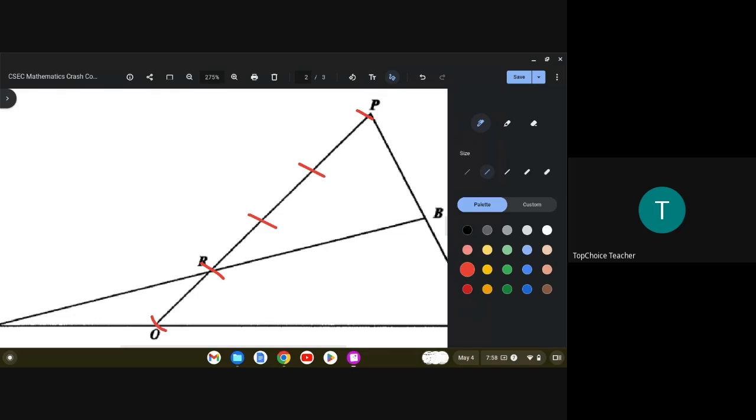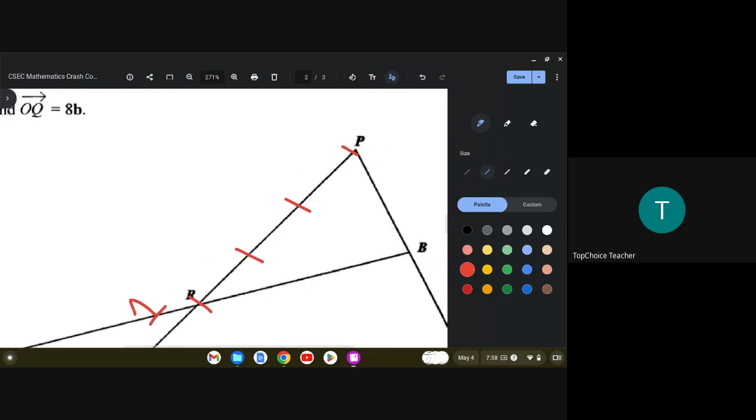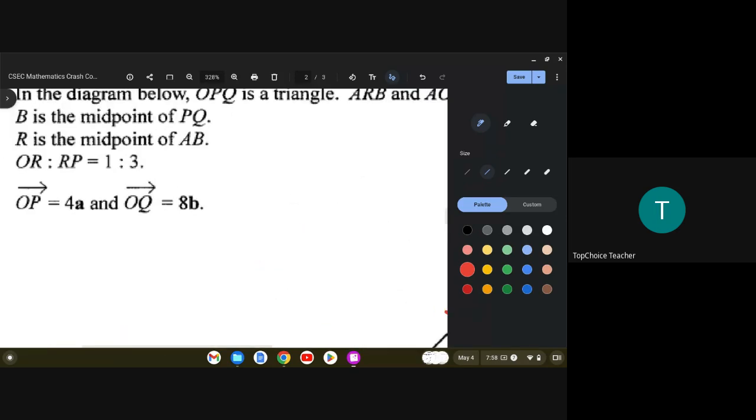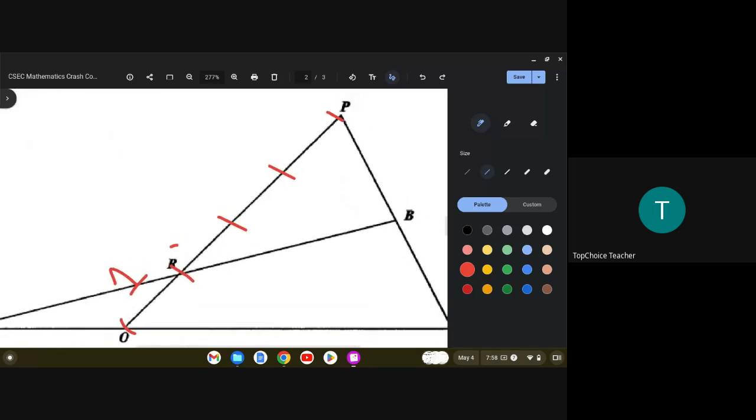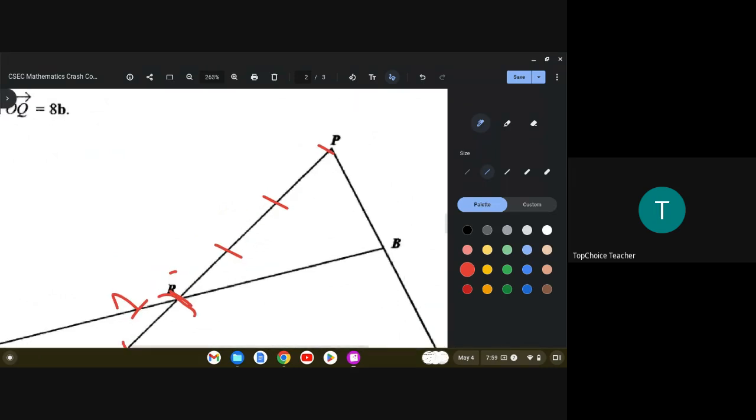Remember, it said OR to RP is a ratio of 1 to 3. That means OR is 1 and RP is 3. That is just the distance. So if I divide this up like this, OR is 1 unit basically, and look at the distance to go from R to P. Isn't it 3 of these portions?